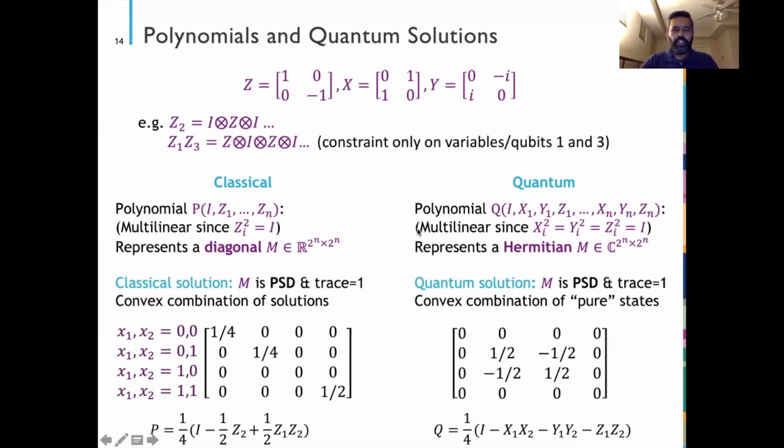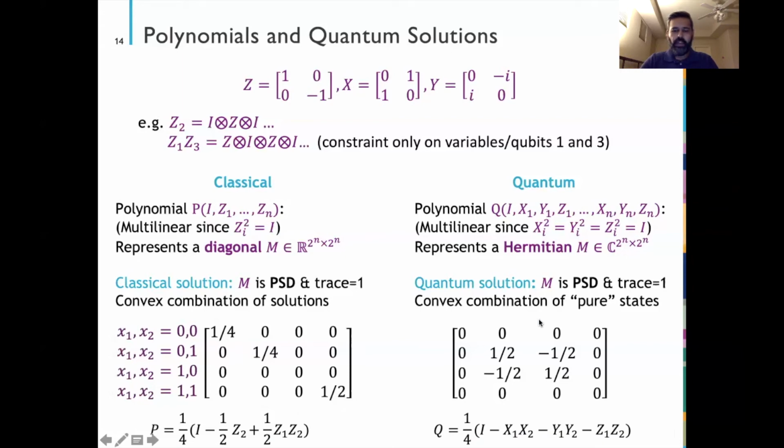So what's a solution to one of these optimization problems? What we want is to produce a matrix that's positive with trace 1. In the classical sense, this is just a probability distribution. We want a probability distribution over classical solutions, and we can write a polynomial for it here. Again, as mentioned, we can go between this vector and this representation using a Fourier transform.